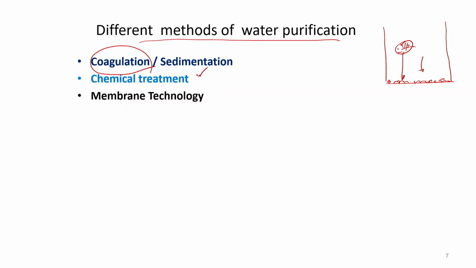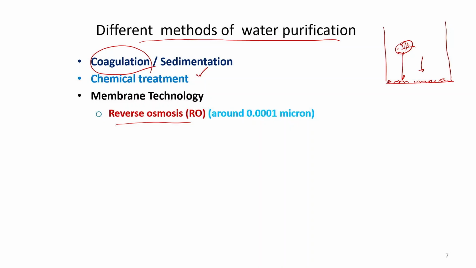Membrane technologies we can use, which are very widely used in modern water treatment plants or even in home water purifiers. Membrane technology is very commonly used nowadays, in almost all areas, and there are different types of technologies available, like reverse osmosis technology, the RO system.